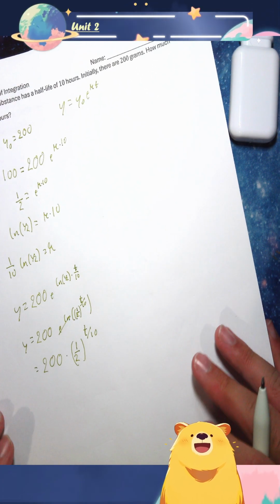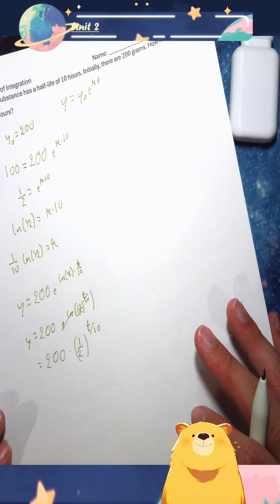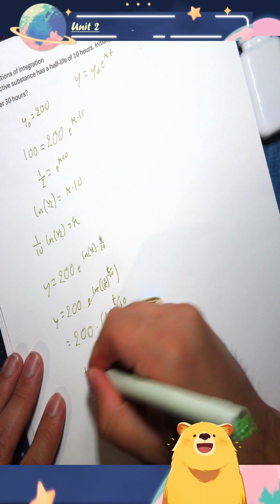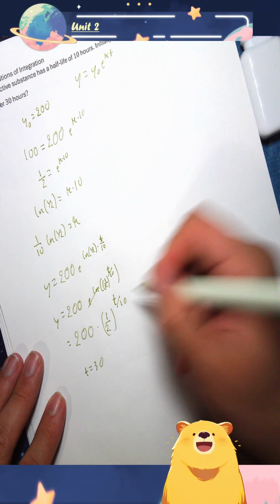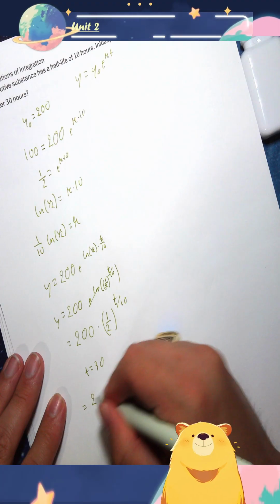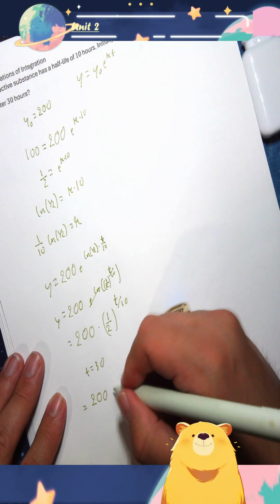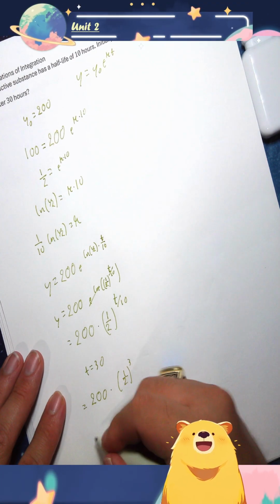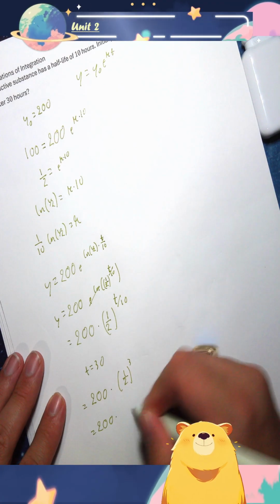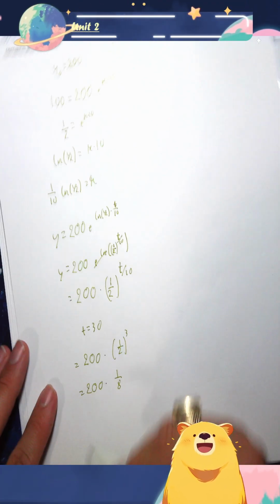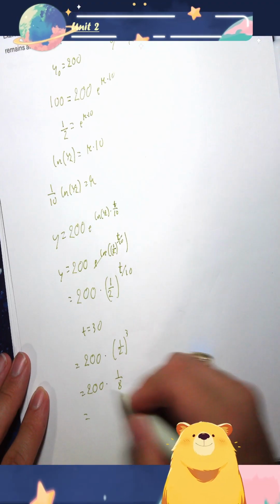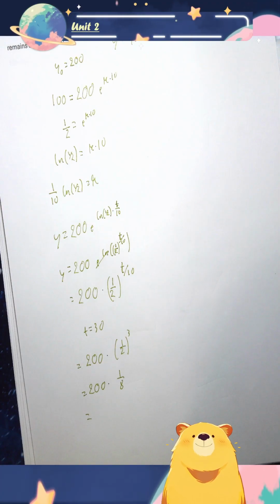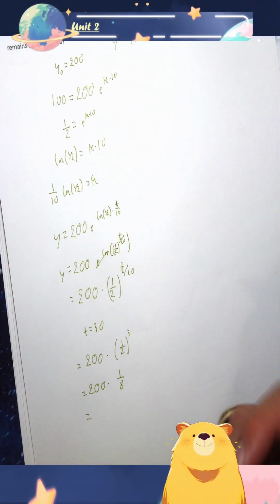And then they said how much remains after 30 hours. So let's go ahead and just plug in t to be 30. We're going to see right away that it's going to be a third. Give me a third. That's going to be 3. So 200 times 1 over 2 to the power of 3. It's going to be 1 out of 8. And then this probably doesn't have that pretty of a form, so I'm just going to go ahead and type into the calculator. Oh, it does.